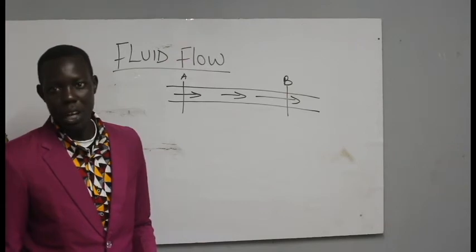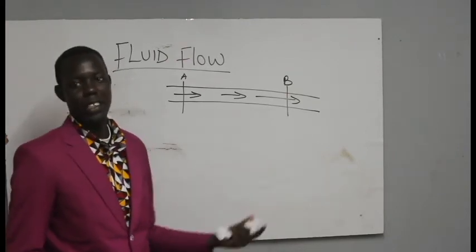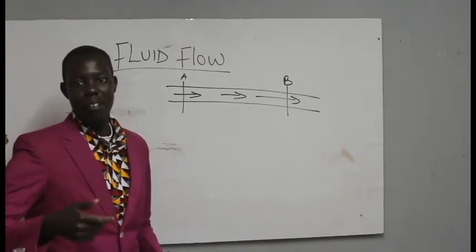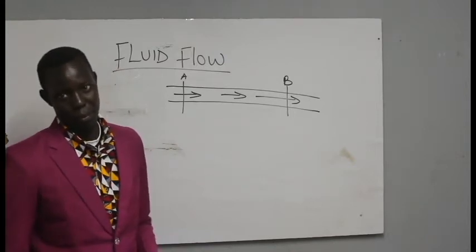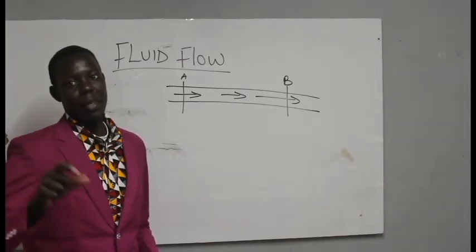You see, volume flux, the best way to define it is the volume of liquid that flows through a given section of the tube of flow per unit time. When we say per unit time, the kind of time we are talking about is the time in seconds.